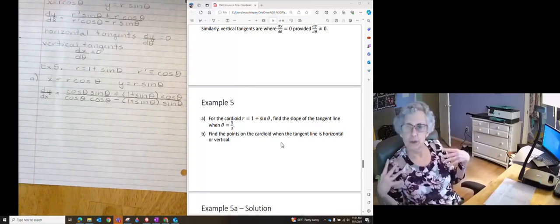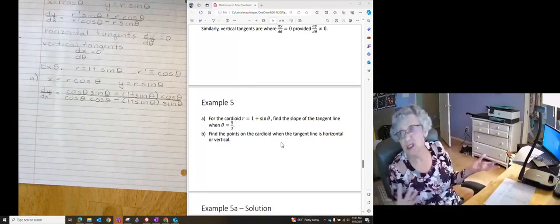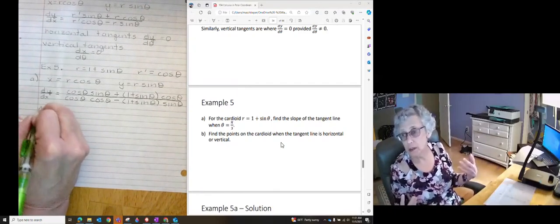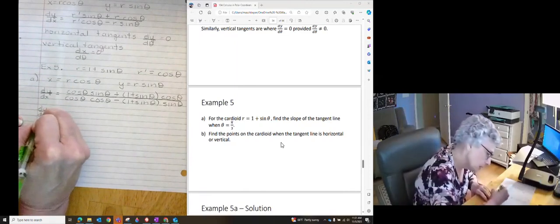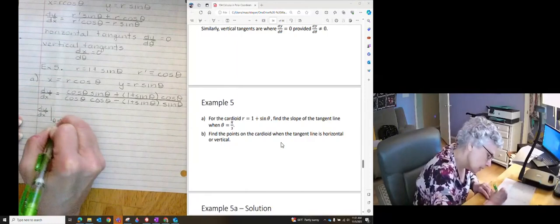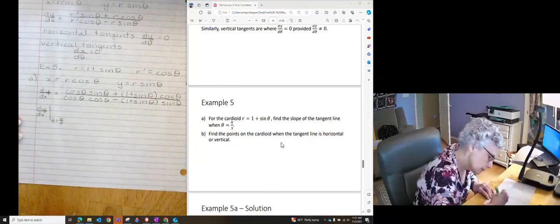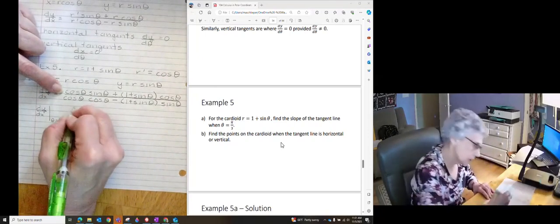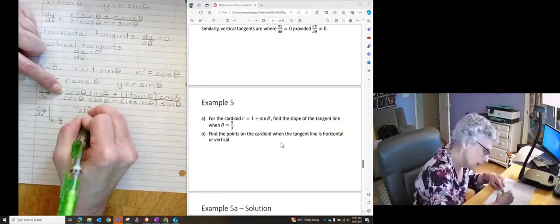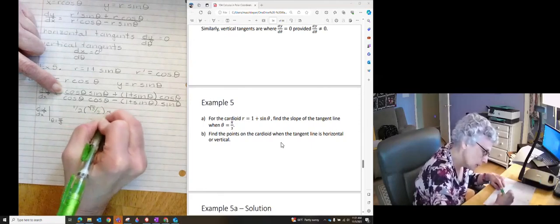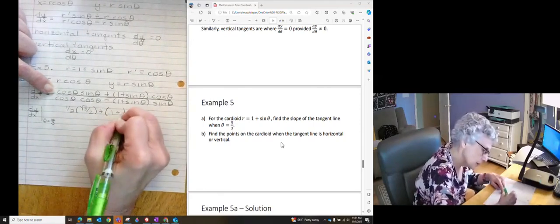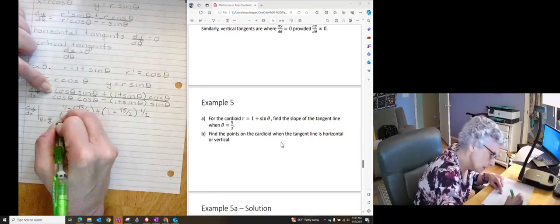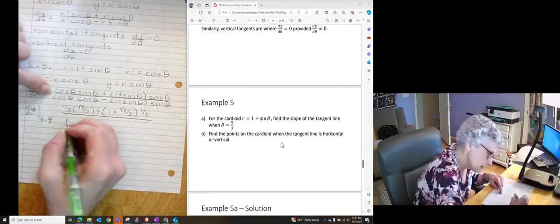So for part A, you don't have to simplify this. You could just go ahead and plug in pi thirds if you wanted to and find the slope of that tangent line. So dy dx when theta is equal to pi thirds would be equal to cosine of pi over 3, which is 1/2, times sine of pi over 3, plus 1 plus square root of 3 over 2 times 1/2.